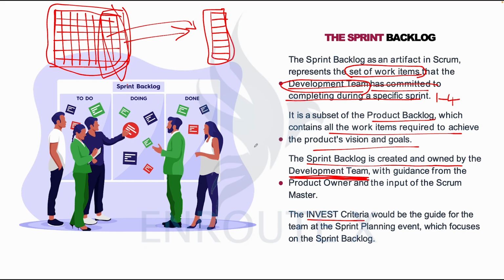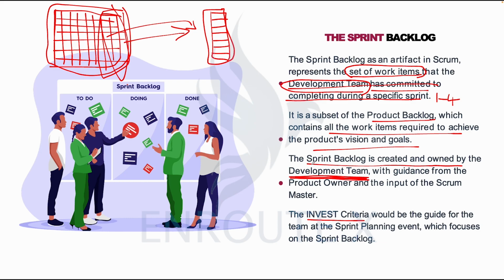Why is the sprint backlog owned by the development team? Because they are the ones to deliver that sprint goal. They are the ones committed to that sprint goal. The product owner is not the developer. He owns what is being developed, but the items the developers have decided to work on in the course of the sprint now belong to them to work on.